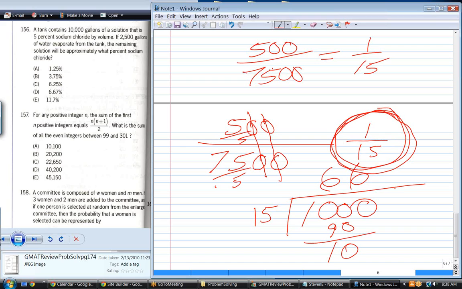But the way I would do it is 1/15th is between 1/10 and 1/20th. I know 1/10 is 10%, and I know 1/20th is 5%, so it has to be somewhere in between those two values. So that takes care of the decimal point right there. 10% is 1/10 equals 0.10. 5% is 0.05.